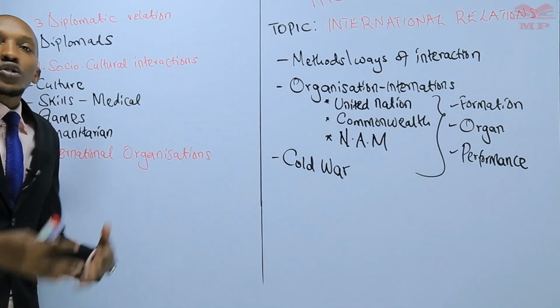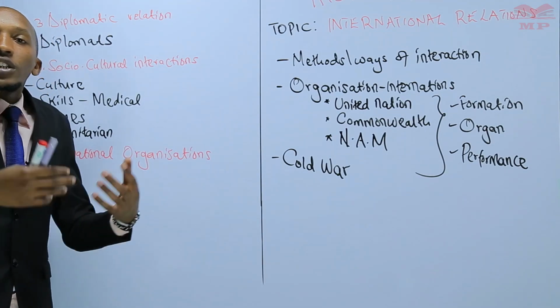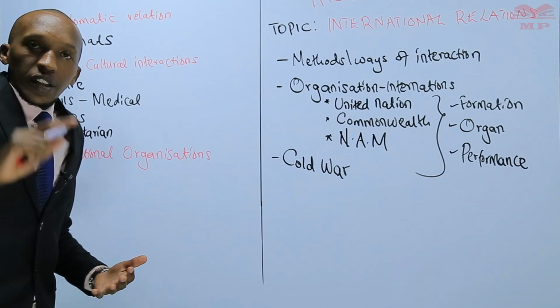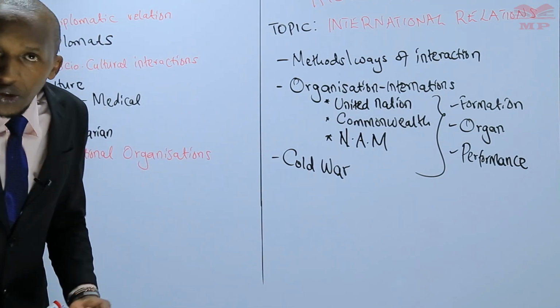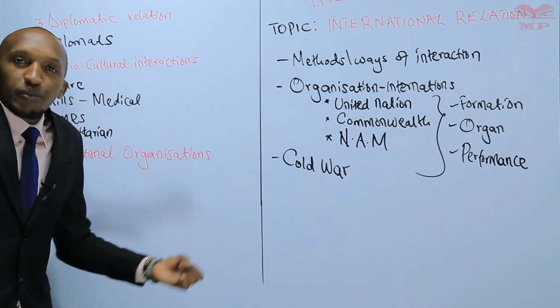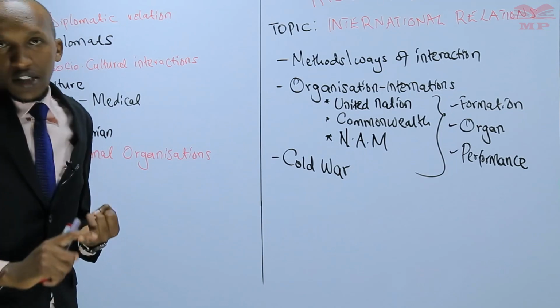Members of these organizations are drawn from different countries in different continents. So for an organization to be an international organization, it has to have members from different countries in different continents.